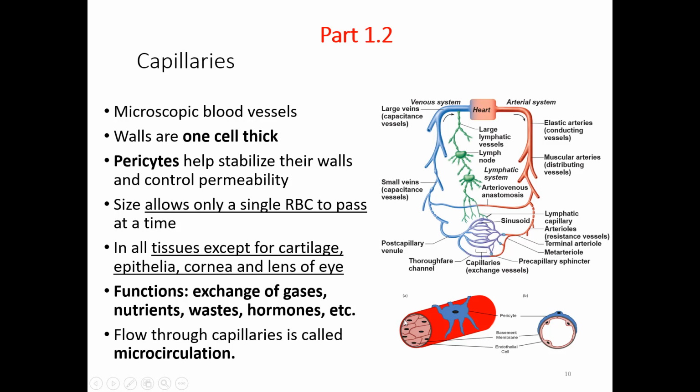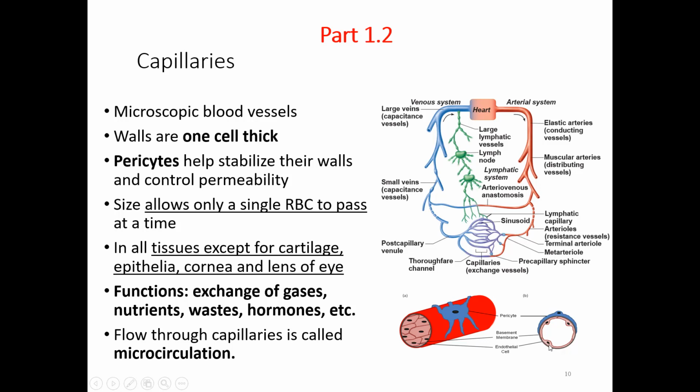They only have one cell thick walls. Here's one cell sitting on the basement membrane, and those would be endothelial cells. Remember, how do we call a type of epithelium when there is only one layer of flat cells sitting on the basement membrane?